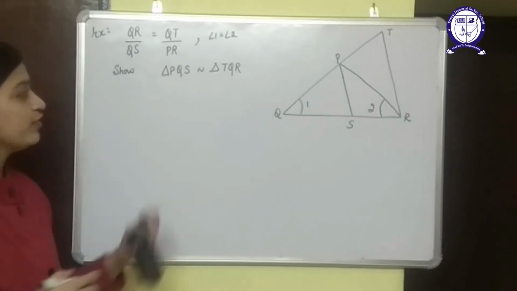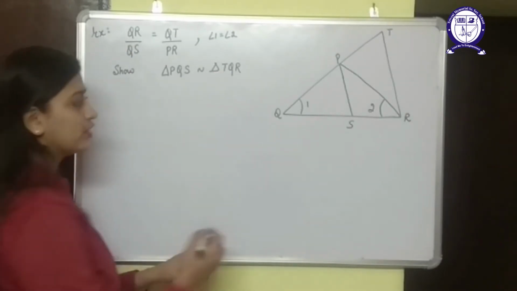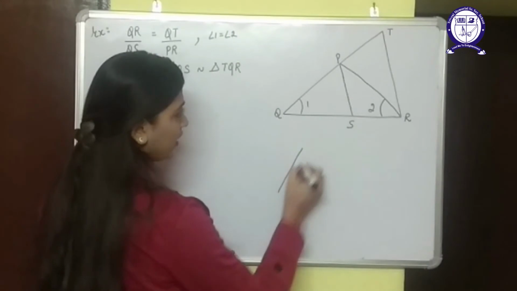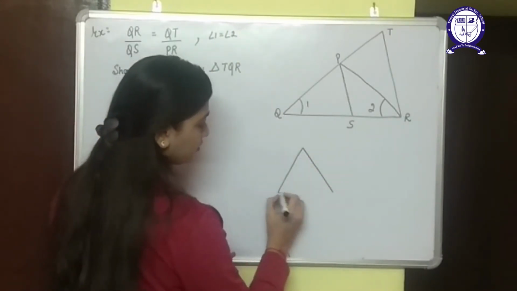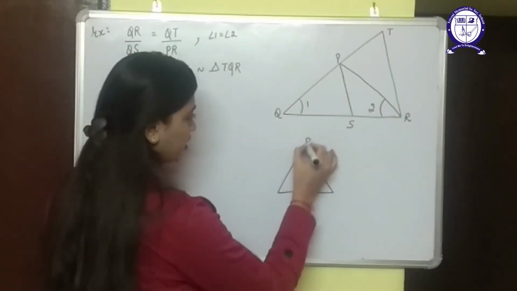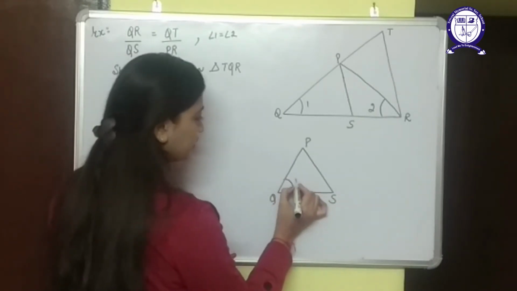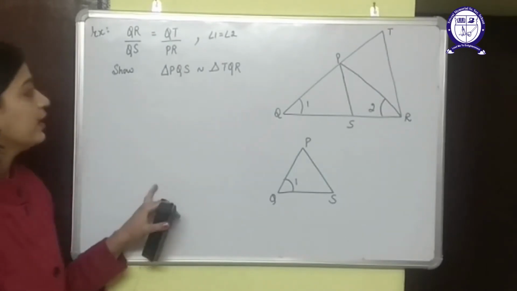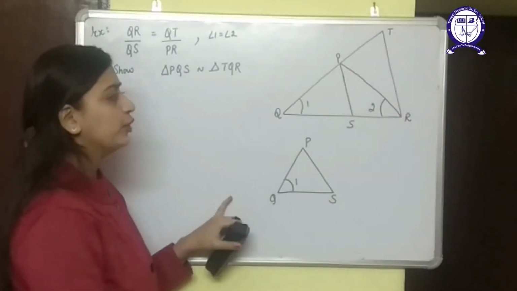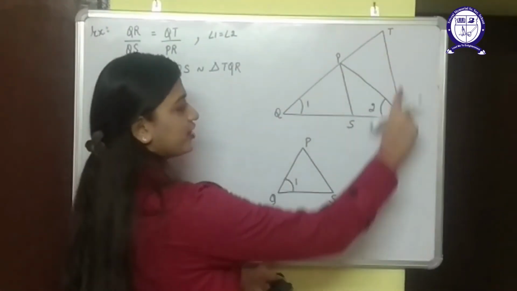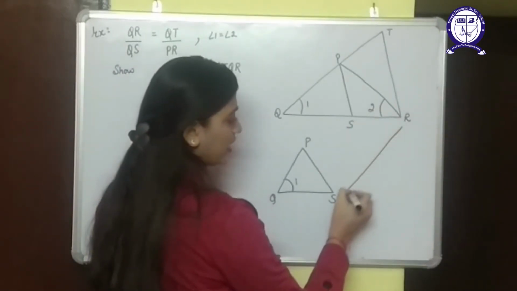Now first of all, we are talking about triangle PQS. So PQS is this triangle, which has angle 1 here. Now second is triangle TQR, that is my complete triangle. So this is this triangle.